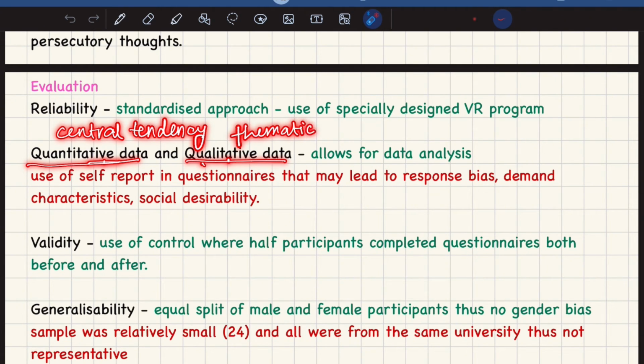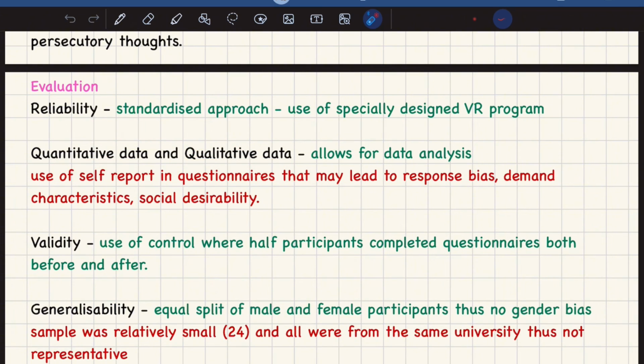And these are important terms that you can learn and include in your answers. And both of them therefore allowed for a good data analysis, which is very important to draw meaningful conclusions.